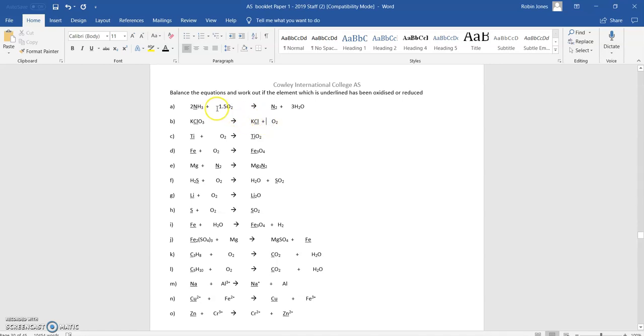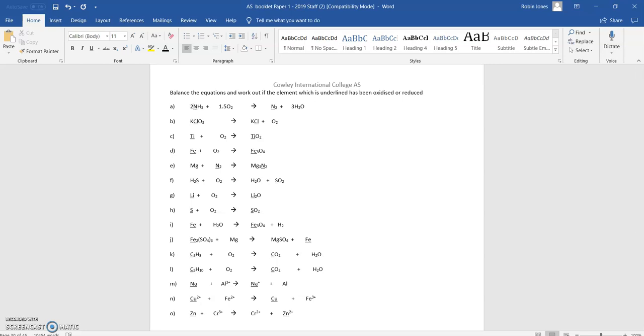But let's look at the N. Before it had a 2 in front of it, its oxidation state was -3. The hydrogens are +1 each, +1 +1 +1 is +3, so the nitrogen is in -3 to leave no charge left over. Putting a 2 in front doesn't change that. It just doubles all of the numbers.